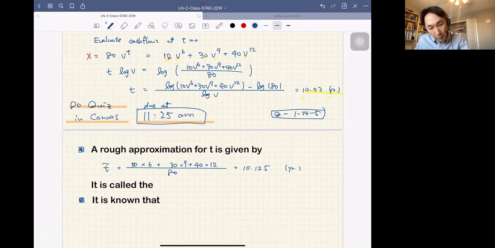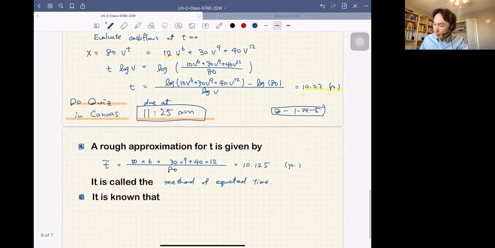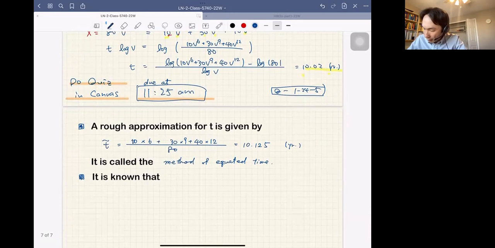So this is called the method of equated time. Basically this is the weighted average of times of withdrawal.